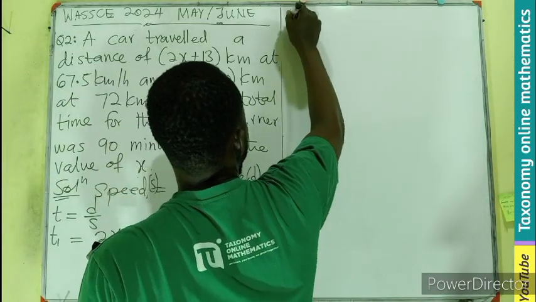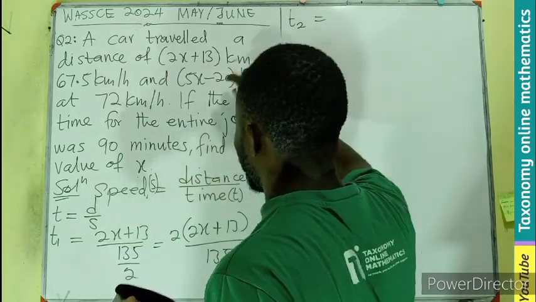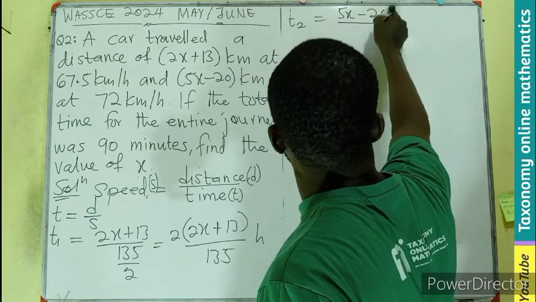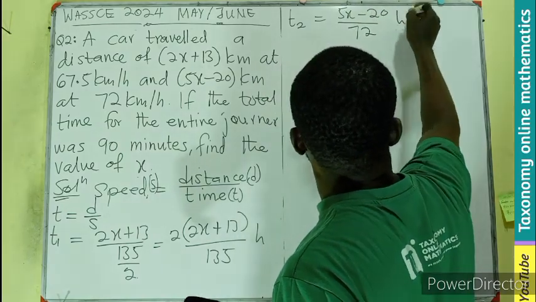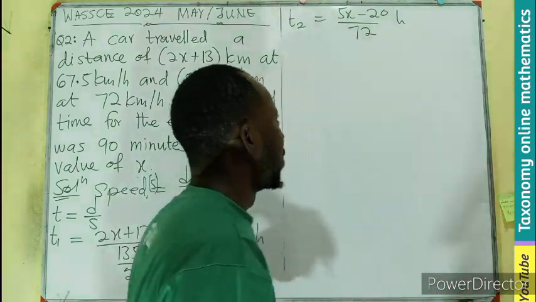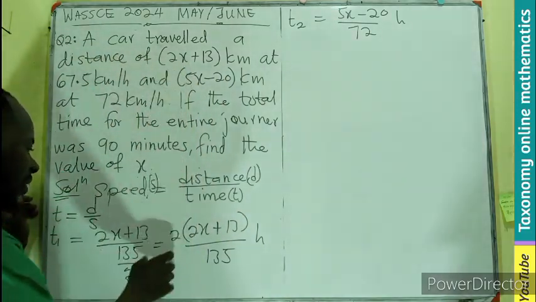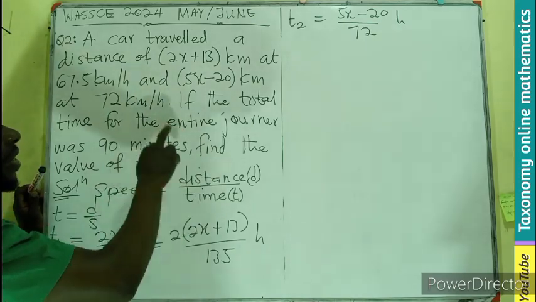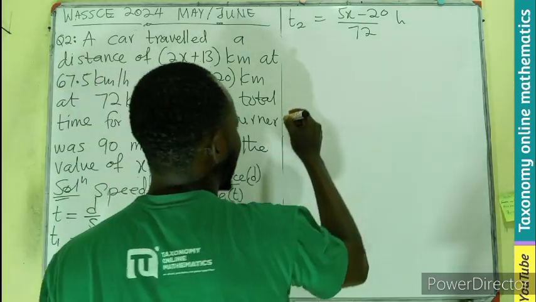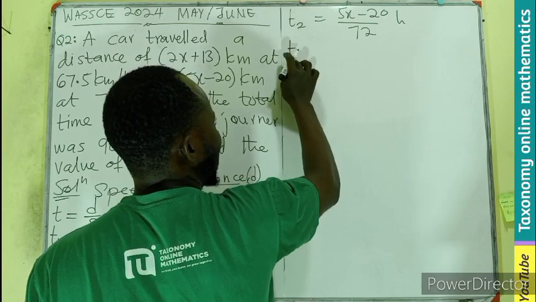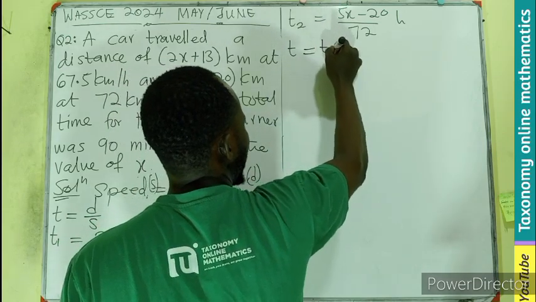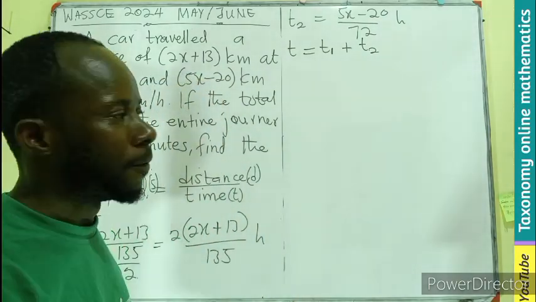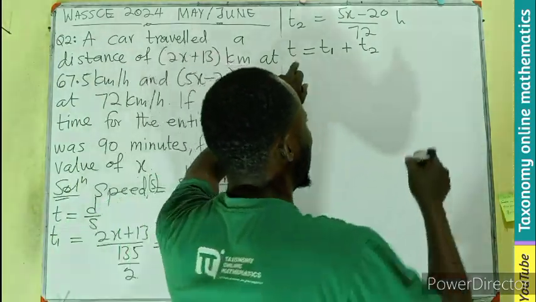Then the time for the second part will be the distance covered, 5x minus 20, divided by 72, in hours. But the total journey is given as 90 minutes, so the total time equals the time for the first part plus the time for the second part.